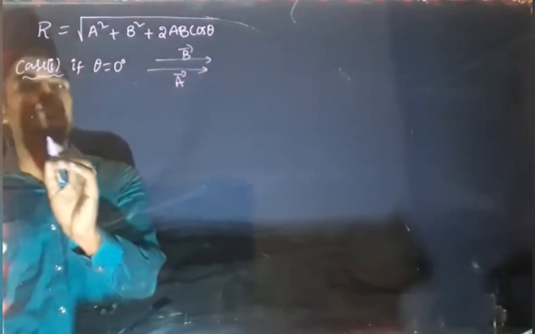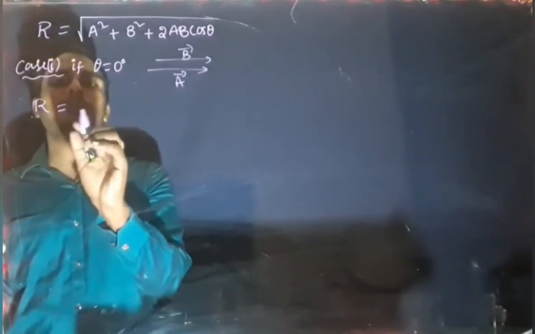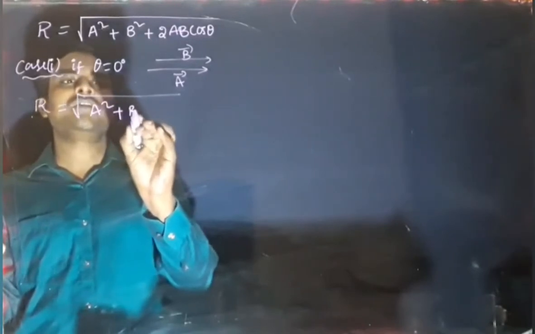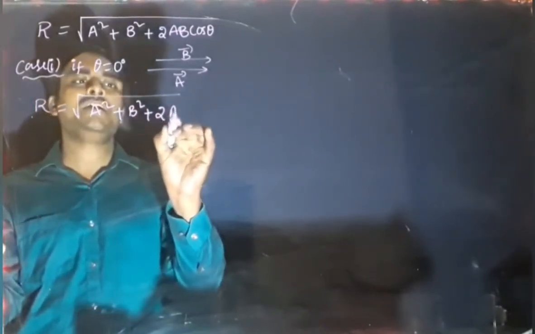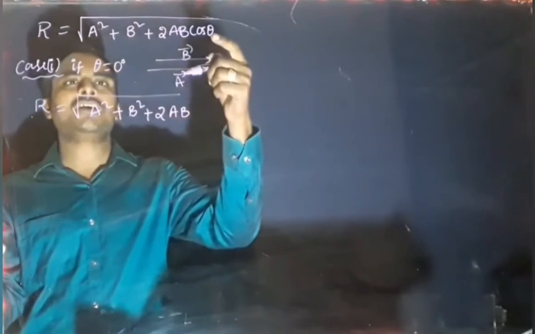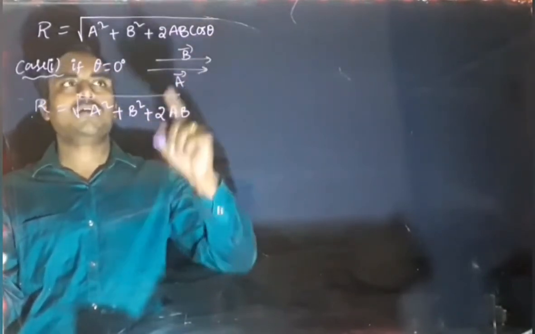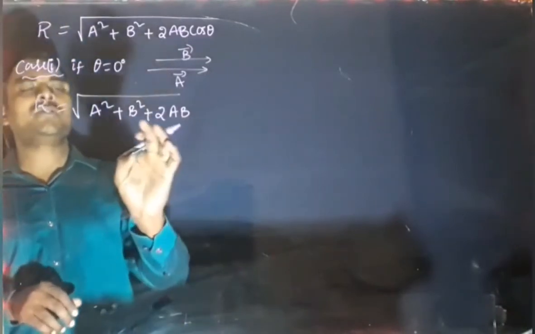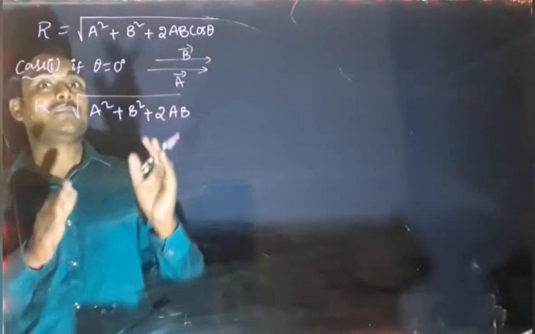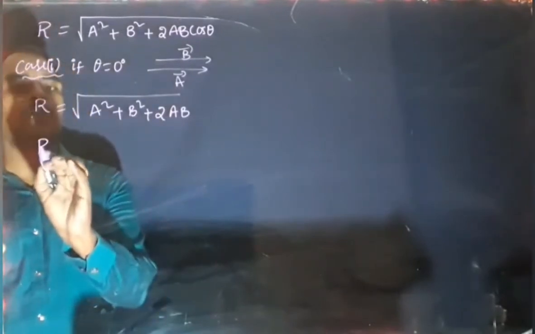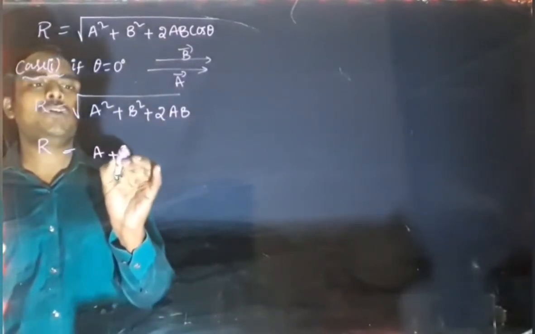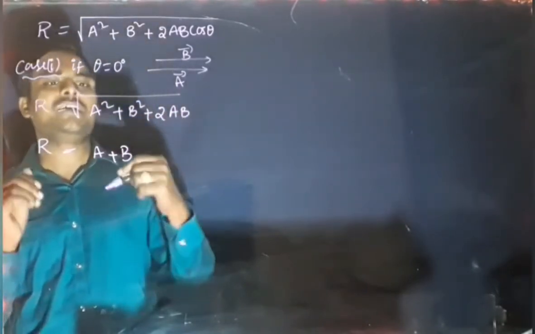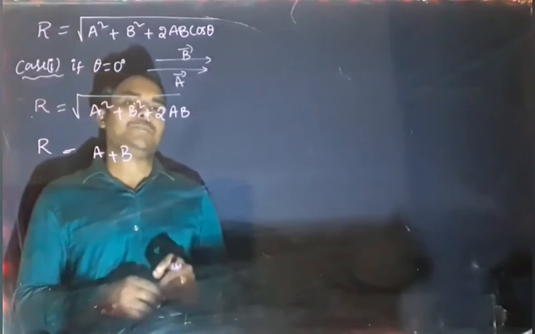R equals root A square plus B square plus 2AB cos theta. Cos 0 is 1, so 2AB. It is nothing but A square plus B square plus 2AB, which is A plus B whole square. Then R equals root of A plus B whole square, so root and square cancel. Then we get R equals A plus B.